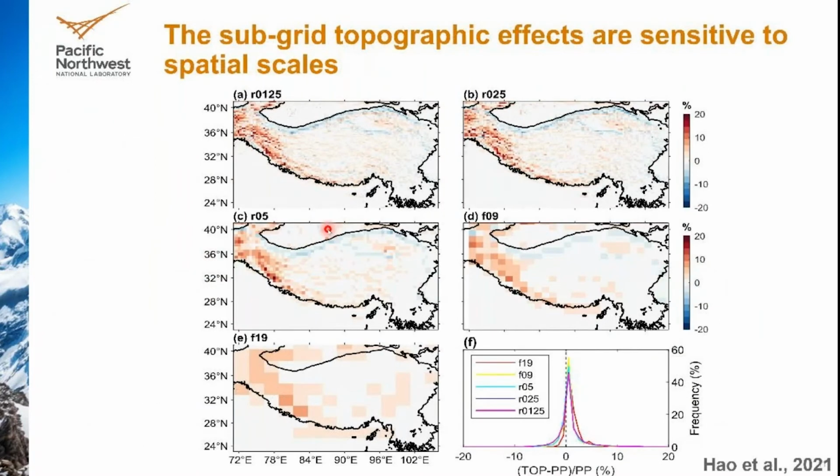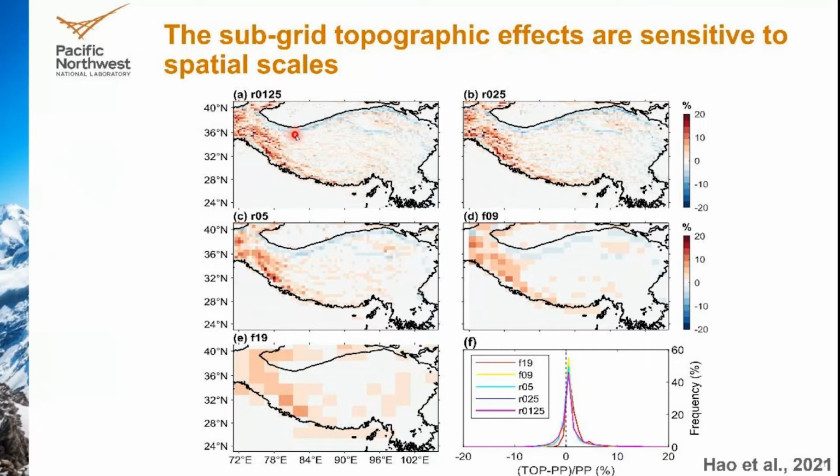We further study how these topographic effects are sensitive to the spatial scale. This figure shows the results for different spatial resolutions: 1/8 degree, 1/4 degree, half degree, 1 degree, and 2 degree.